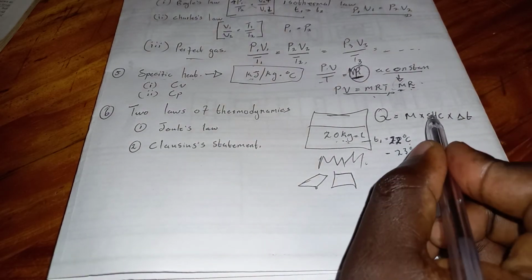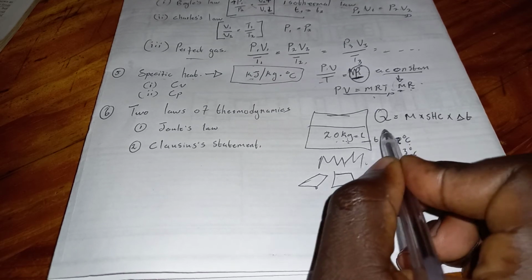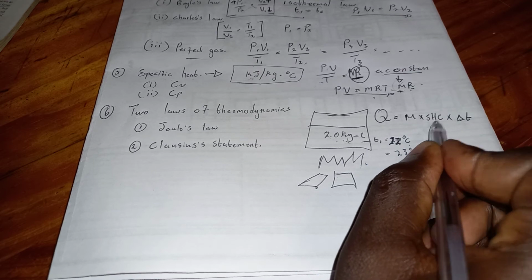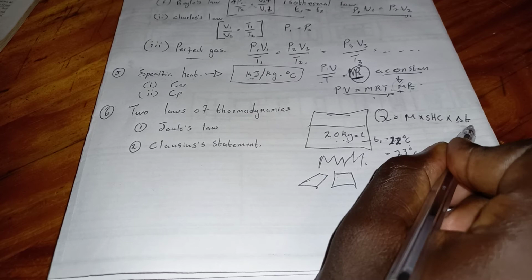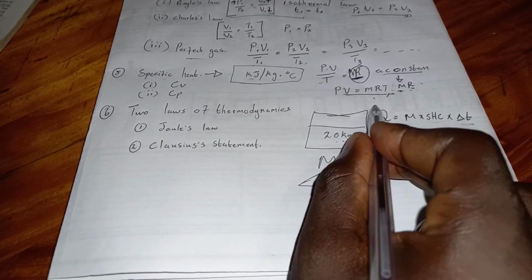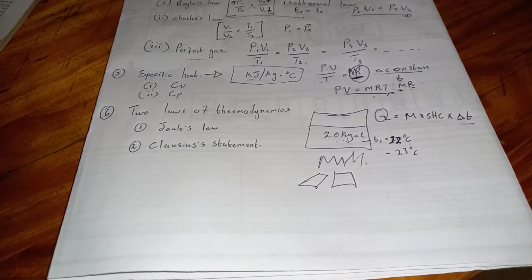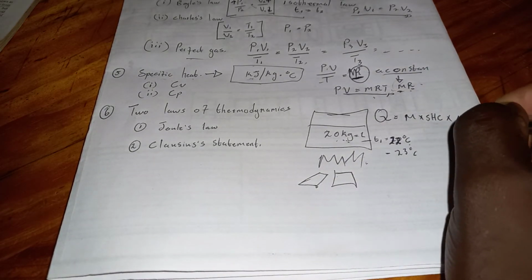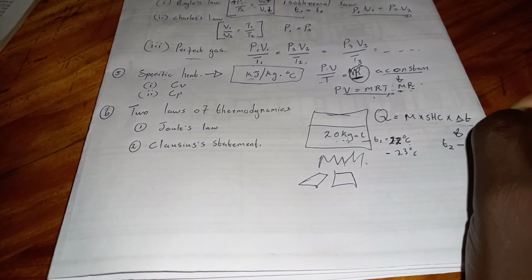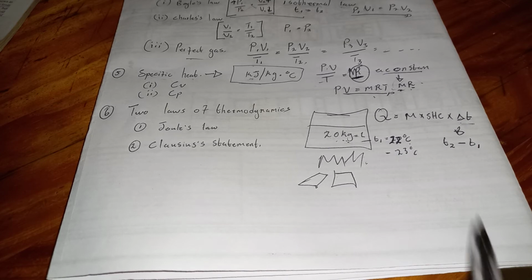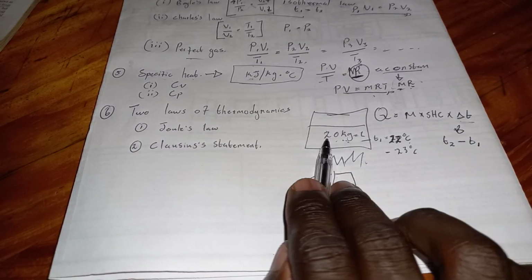Because you know the heat required to change this mass by 1 degree Celsius, you can multiply by the mass and by the change in temperature to get the whole heat energy that was used. The change in temperature is the final temperature minus the initial temperature.